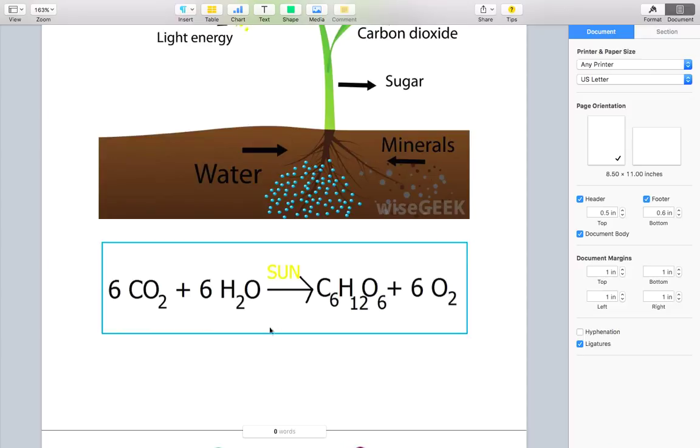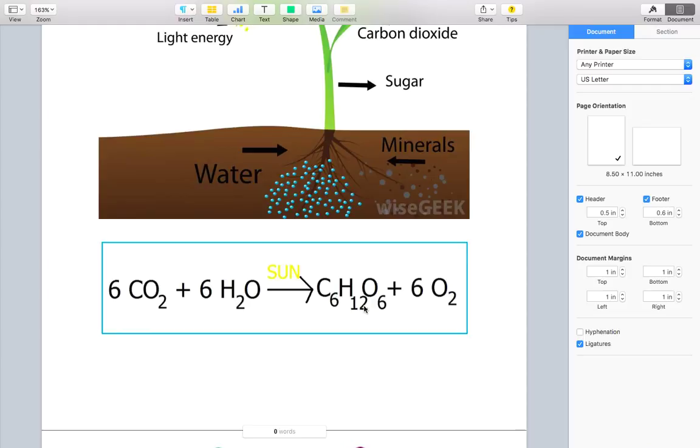To interpret this, CO2 means carbon dioxide, H2O means water, C6H12O6 means glucose, sugar, and O2 means oxygen. And here yields, so with the use of the sun, it yields glucose and oxygen. So this is the chemical equation, the formula for this process.